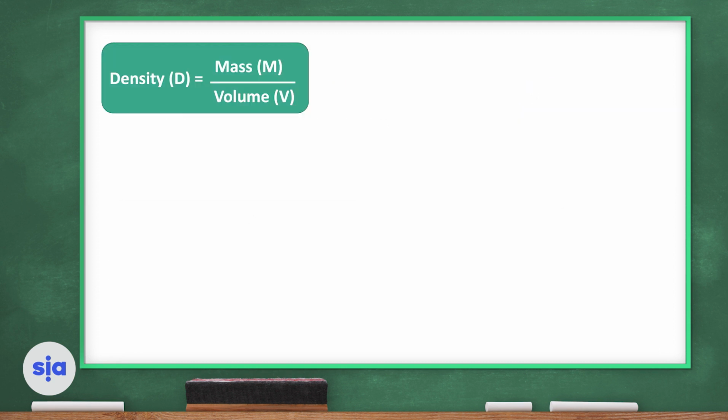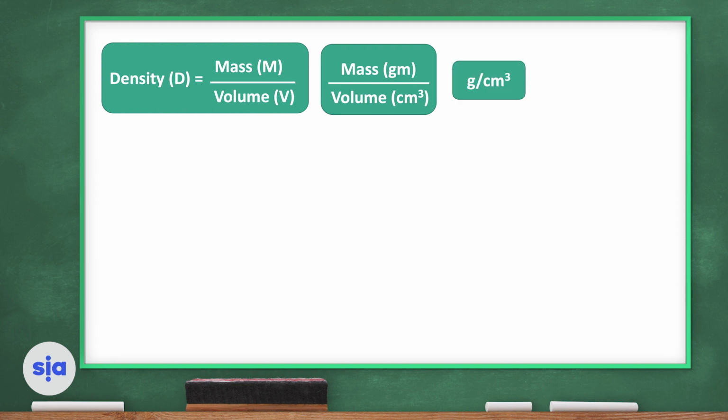To calculate density, we divide the mass by volume. Mass in grams and volume in cubic centimeters. So the unit of measurement of density is gram per cubic centimeter. What is meant by density of aluminum is 2.7 gram per cubic centimeter?